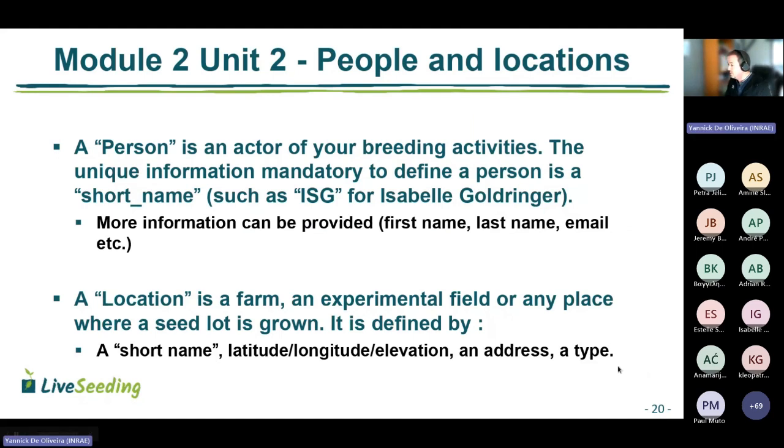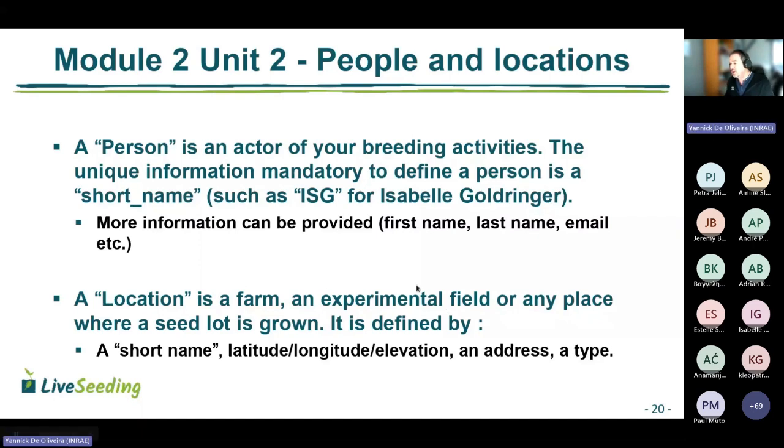So, other concepts in the software: you have person. A person is basically an actor of your breeding activities. The only mandatory information is a short name for this person, such as ESG for Isabelle Goldringer. And you can provide more information: a first name, a last name, an email.